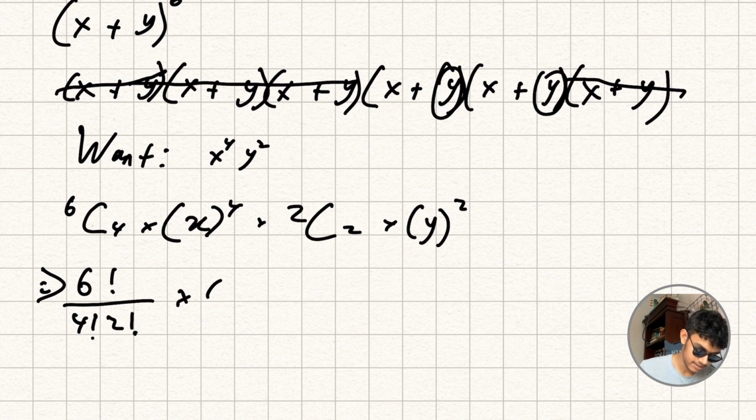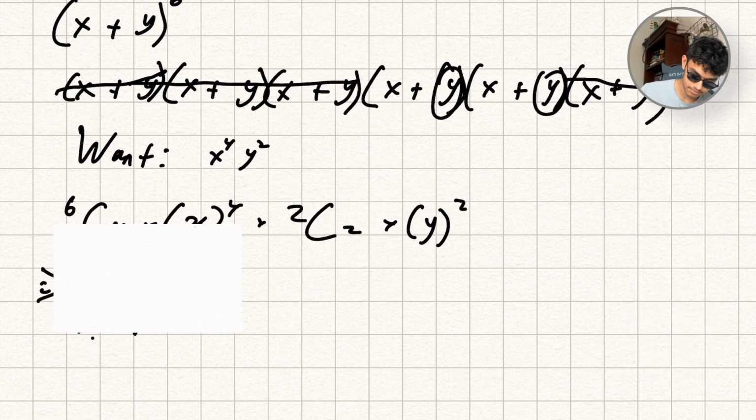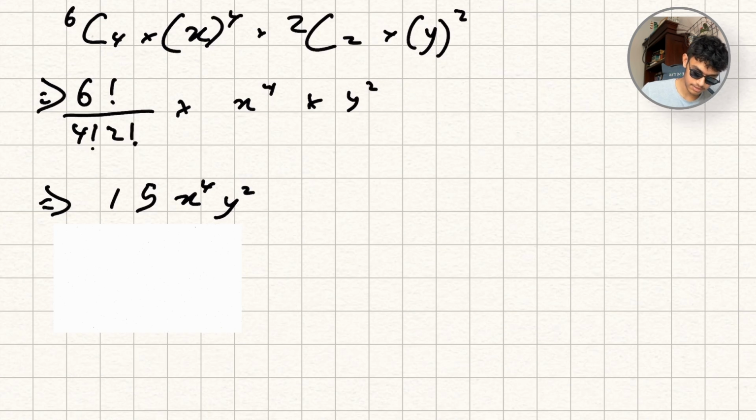So if we evaluate this, we can use the choose function from before. And this is 6 factorial over 4 factorial times 2 factorial, and there are 4 x's, 2 y's. Get rid of these brackets. So we know that the 4 factorial in the denominator will cancel out with the 4 times 3 times 2 times 1 from the 6 factorial.